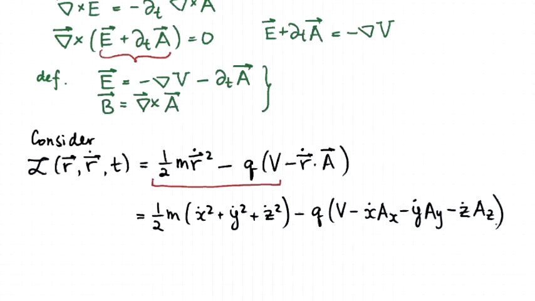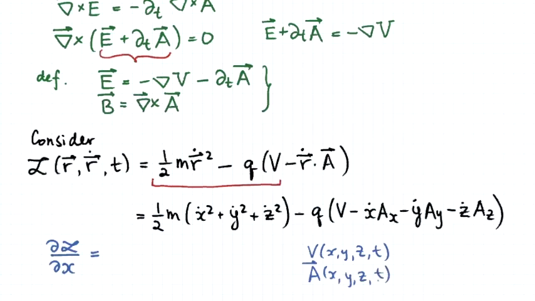So now we would like to see whether in fact we can recover the proper equation of motion. So let's first find partial derivative of Lagrangian with respect to position x. We will only prove the Lorentz equation for one component, the x component. The part that depends explicitly on x is potential V of x, y, and z, as well as time, and vector potential A of x, y, z, and time.